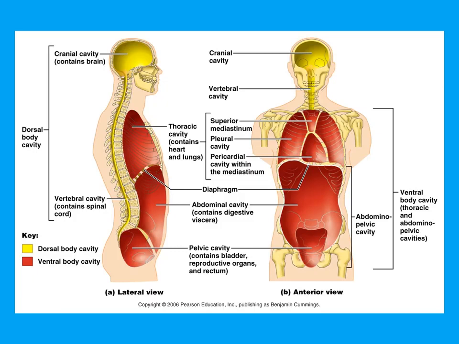Once again, here is the diaphragm, which is that division between your abdominal pelvic and thoracic cavities. And then your abdominal cavity contains mostly your digestive organs. It also contains the kidneys for the urinary system. And then the pelvic cavity contains the bladder, reproductive organs, and things like the rectum from the digestive system.